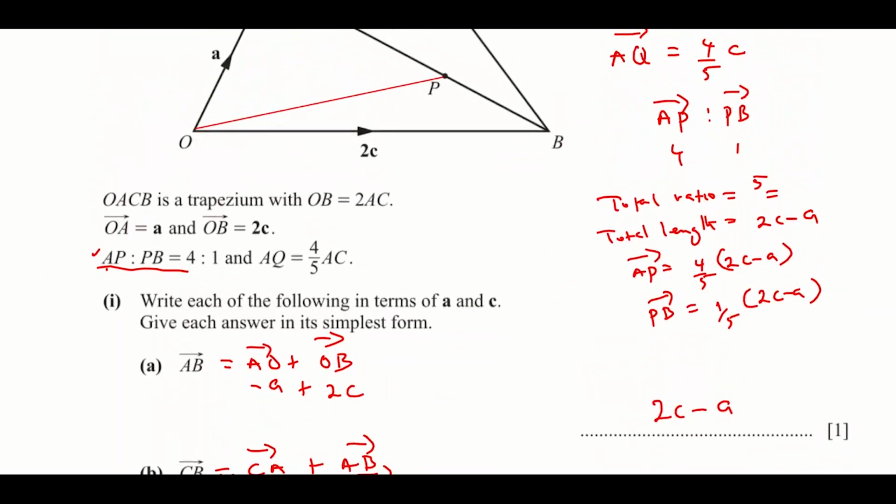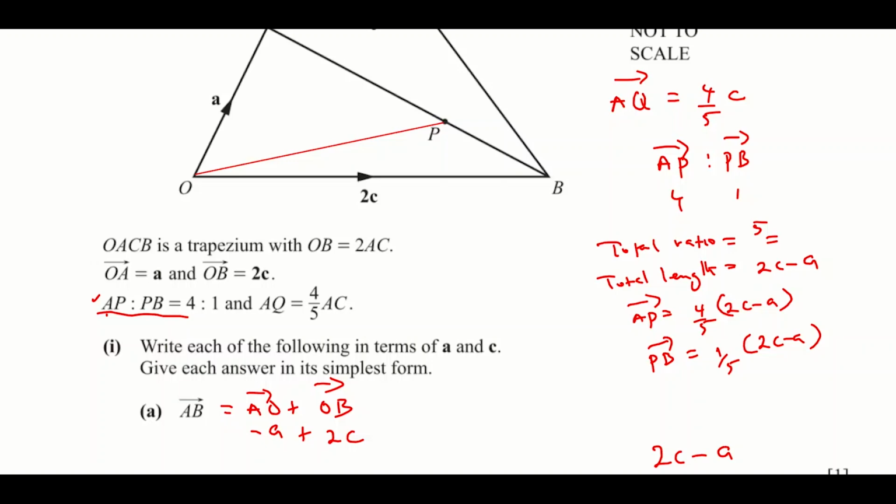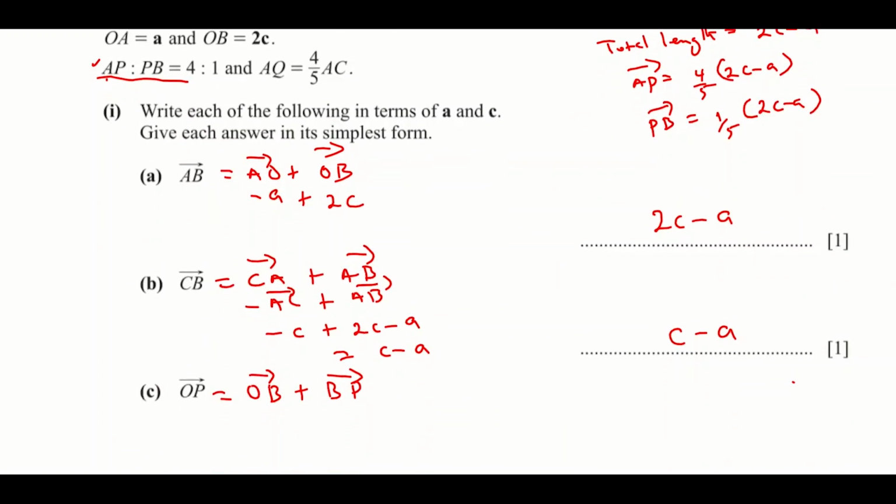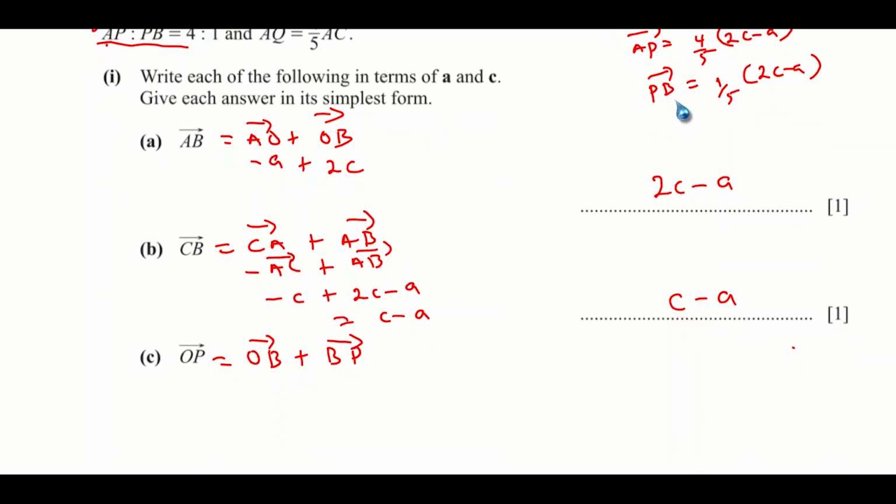We know OB is equal to 2C, and we know PB is equal to this. So OP will be equal to OB, 2C, then minus PB.